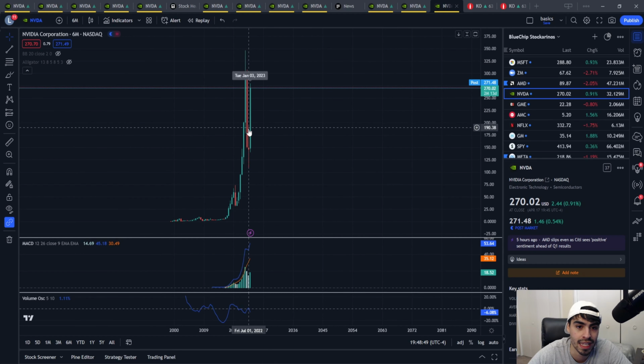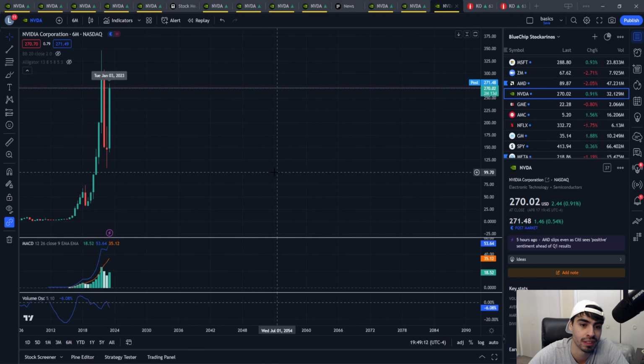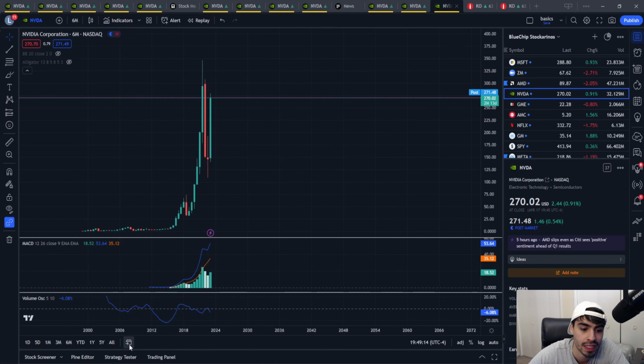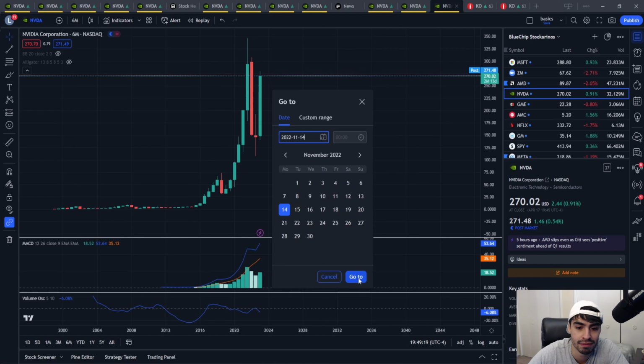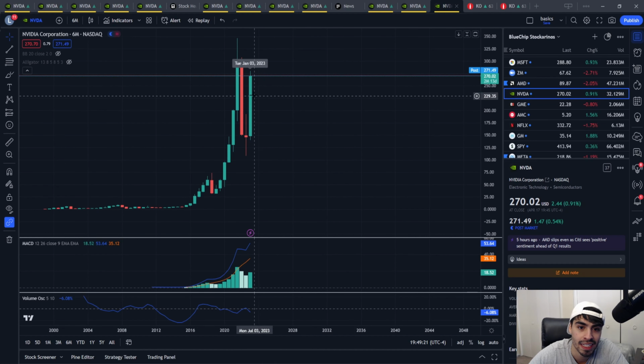I think it's because these candles are so big, and I would have to go to a smaller time frame for it to bring me to the date that I want. But I can't do that for these purposes, so I'm kind of stumped and I don't really know what to do. So what I think I'm going to do is just do January 3rd, because I don't know what else to do. It's fine, I think.